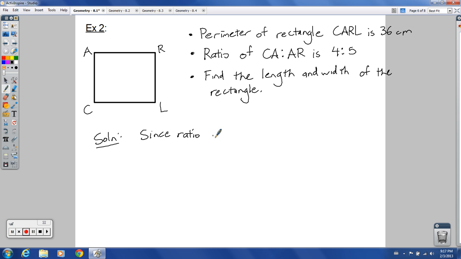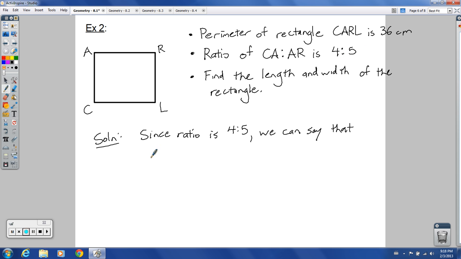Since the ratio is 4:5, and if you ever have a problem like this, you can say this sort of thing. We can say that since they're in that ratio, we can just basically put x's after the numbers.